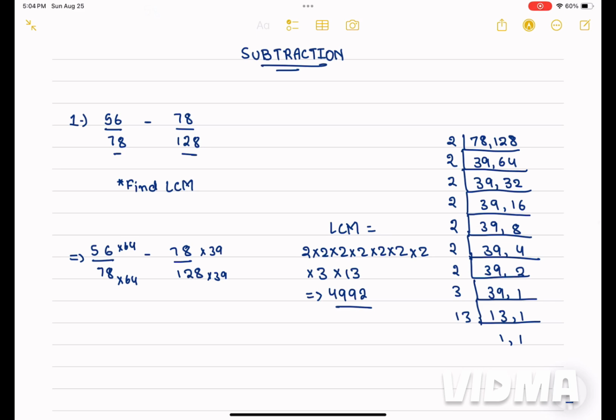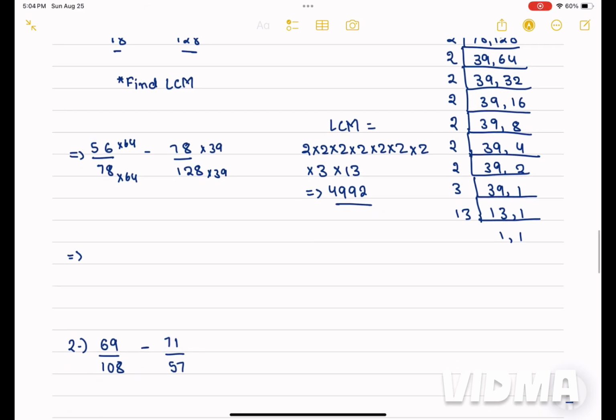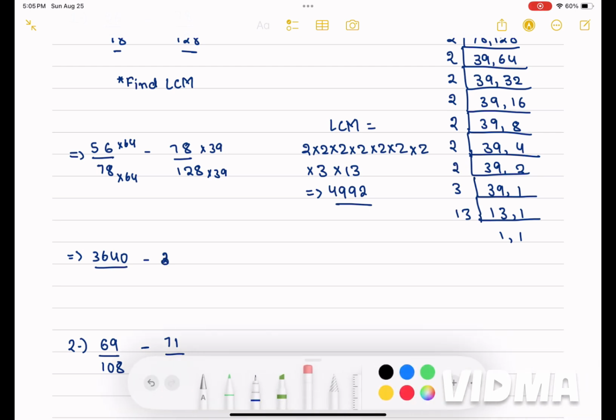Whichever number you multiply the denominator by, multiply the numerator by the same number as well. Now that the denominator is the same, we keep 4992 the way it is and subtract the numerators.